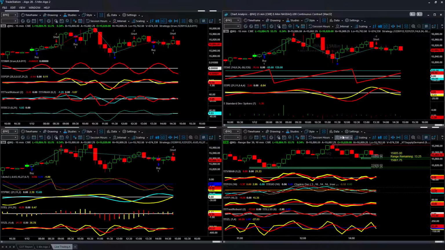So I'm still down like 400 bucks on this trade. Got another 10 minutes on this bar, and we'll see where it goes.